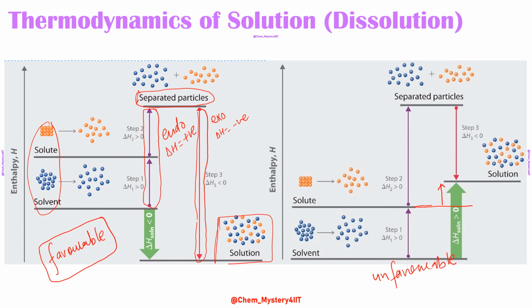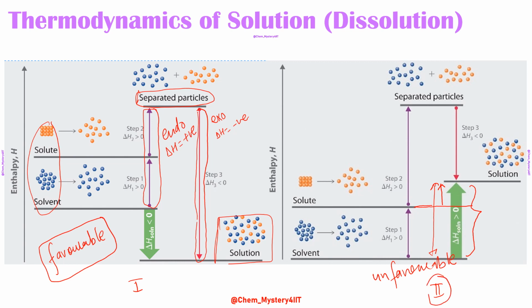If the amount of solvent is greater and solute is very, very less, then the value can be this much. And it can range basically between these two values from here to here. So this is case number 1, this is case number 2.